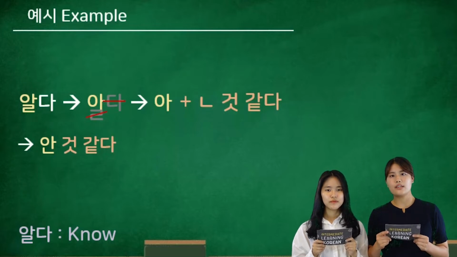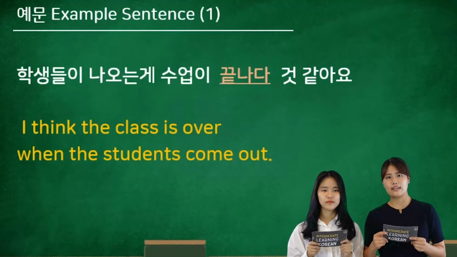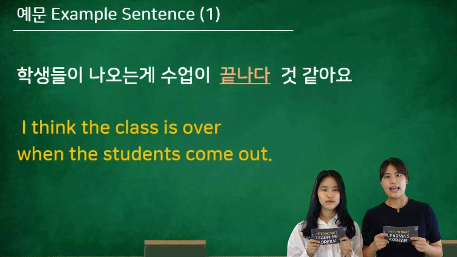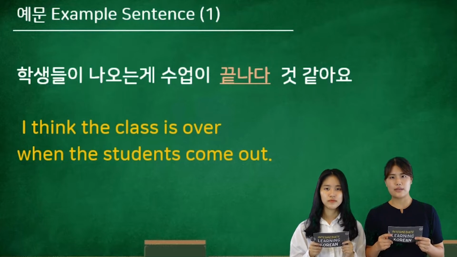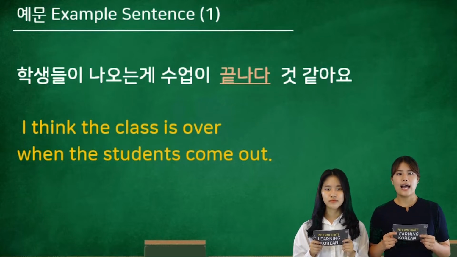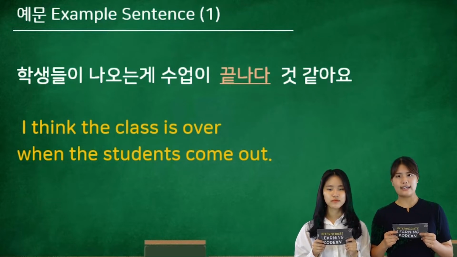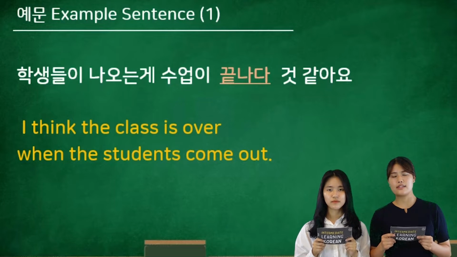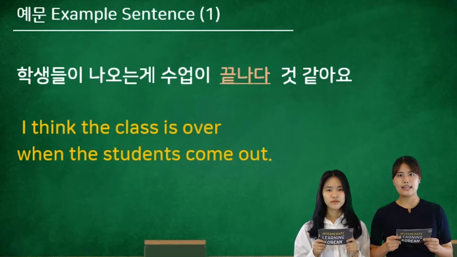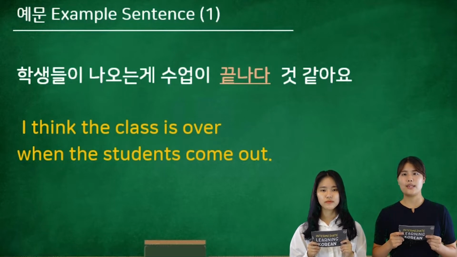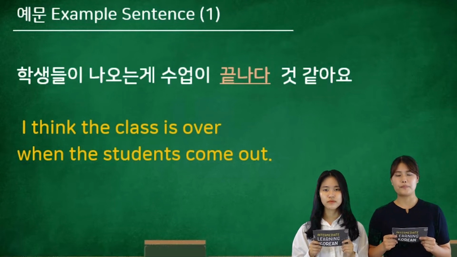Then from now on, let's learn more while looking at the example sentences. This is the first example sentence. 학생들이 나오는 게 수업이 다 끝나다. If we apply the grammar we learned today, it becomes the sentence 학생들이 나오는 게 수업이 다 끝난 것 같아요.